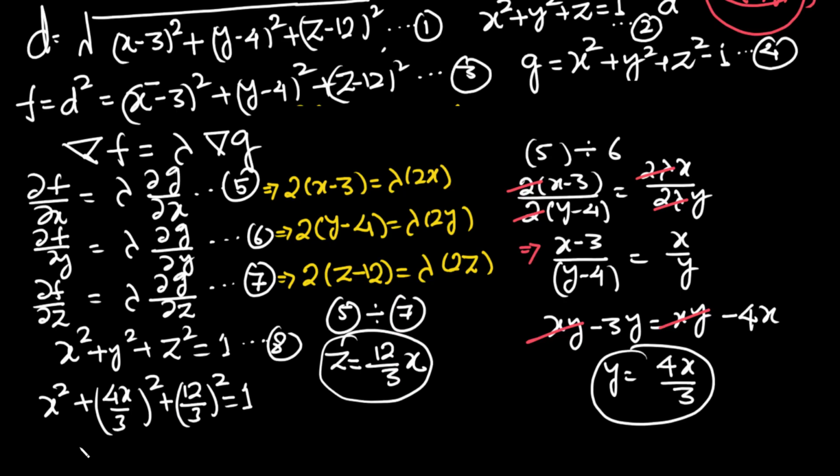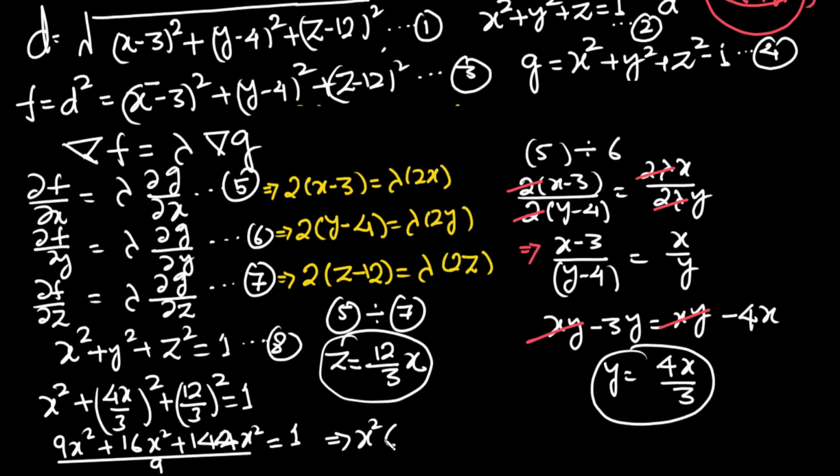So by taking LCM 9 we get 9x squared plus 16x squared plus 144x squared, whole over 9 is equal to 1. And further simplification, x squared comes outside. We got 9 plus 16 plus 144. It is 169. Whole over 9 is equal to 1.